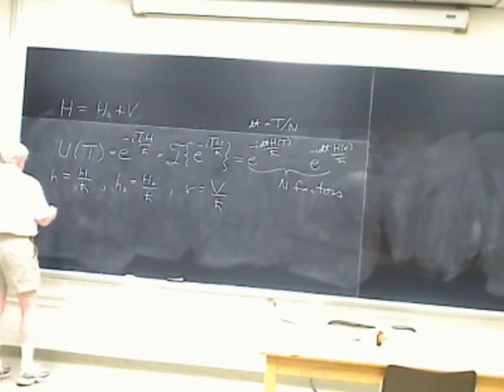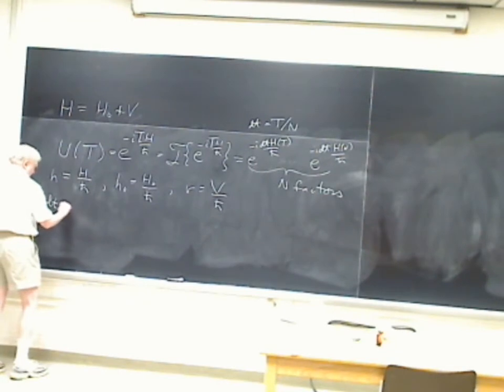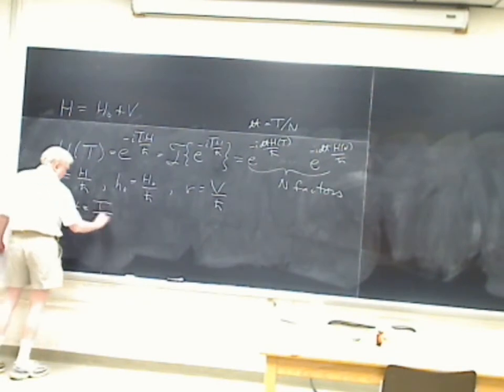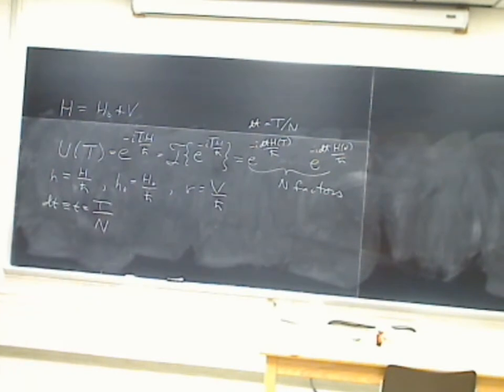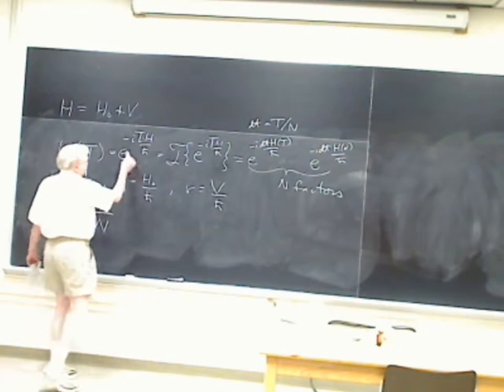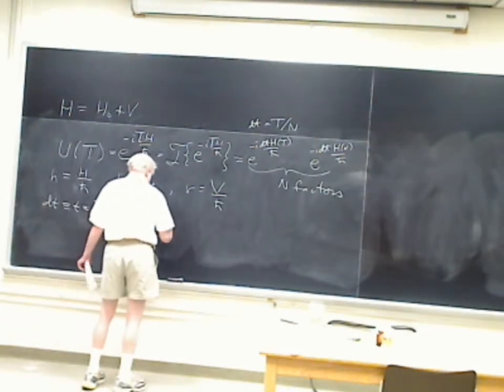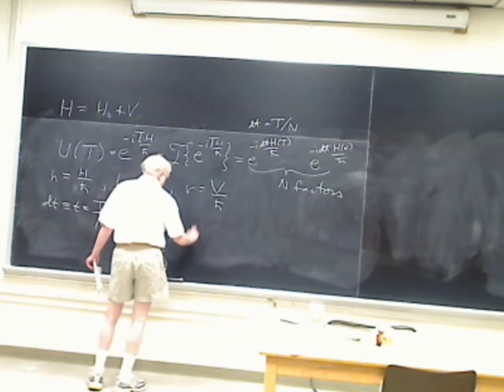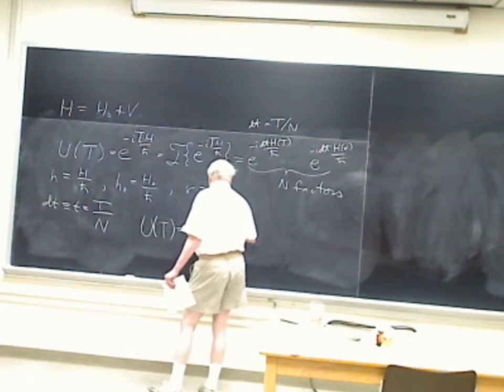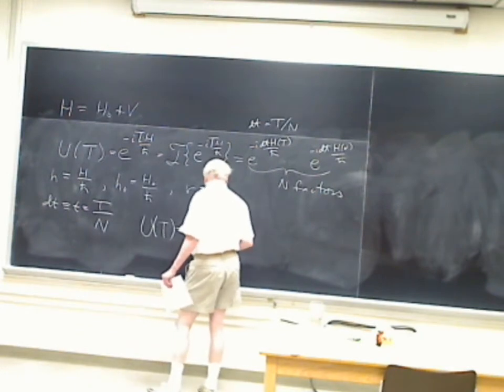I'm also going to write dt as little t, which is big T over n, where I'm again going to divide this thing up into n factors of e to the minus i H t. So U of T, where U of course stands for unitary, is the product k equals 1 to n of e to the minus i H t.